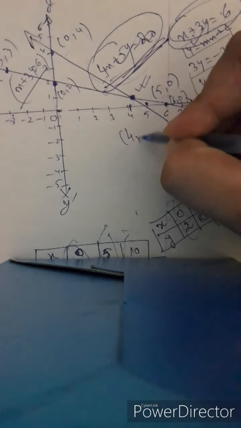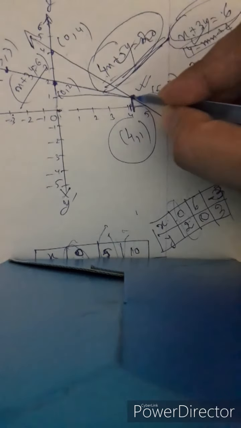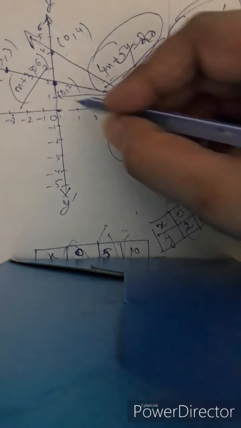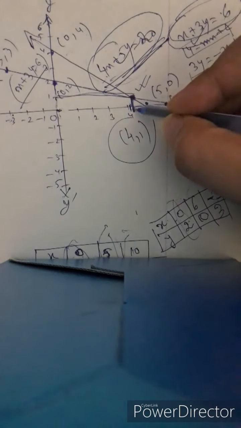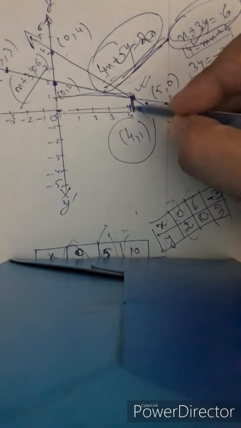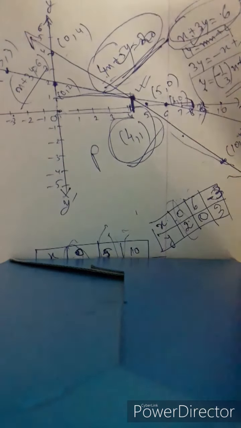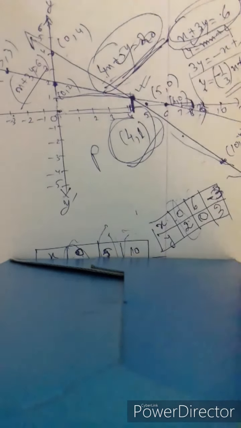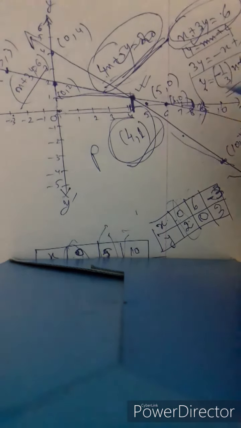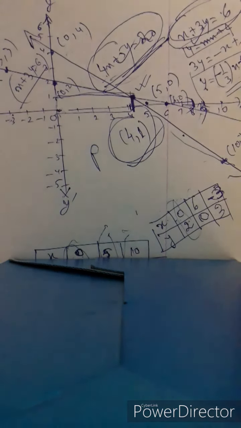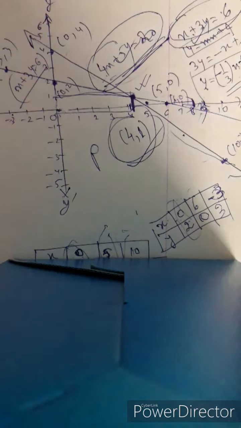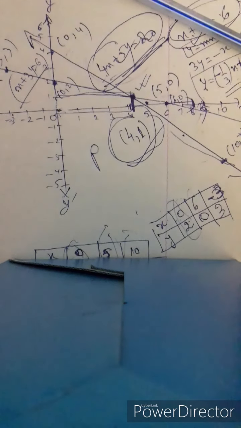So the solution is 4, 1. The abscissa is 4, the ordinate is 1. So in this manner we can find the solution to linear equations by the graphical method.